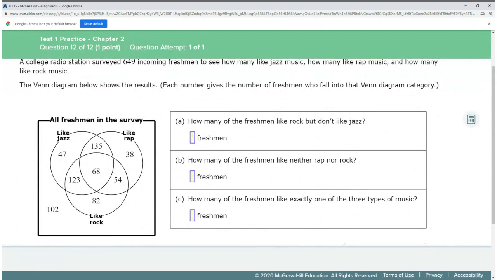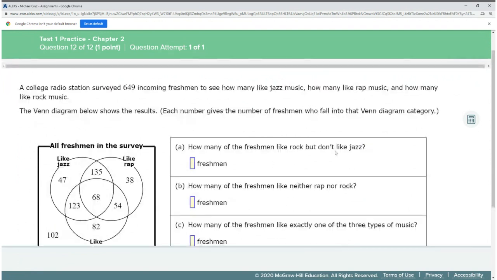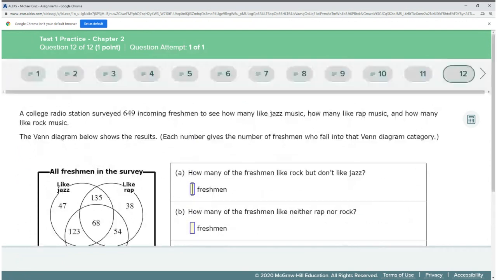All right, how many freshmen? So this is just about the 3 types of music: jazz, rock, and rap. So how many of the freshmen? And it's talking about 649 freshmen. So all of these numbers should add up to 649. We're going to take their word for it. How many of the freshmen like rock but don't like jazz?